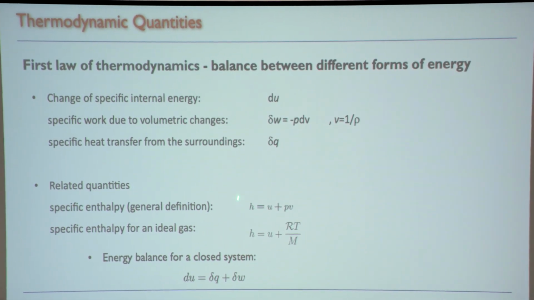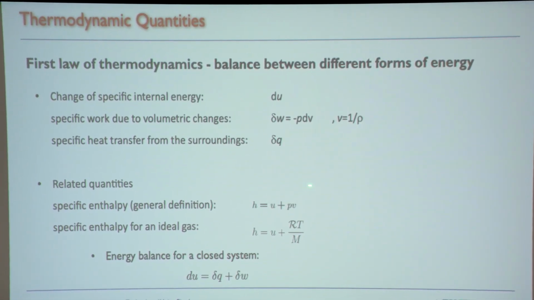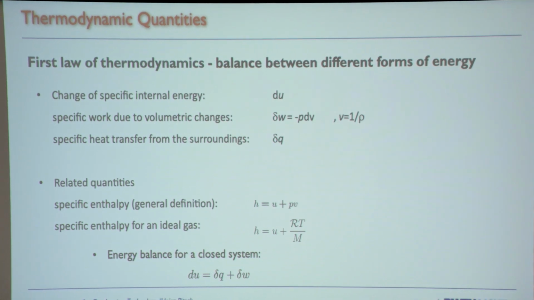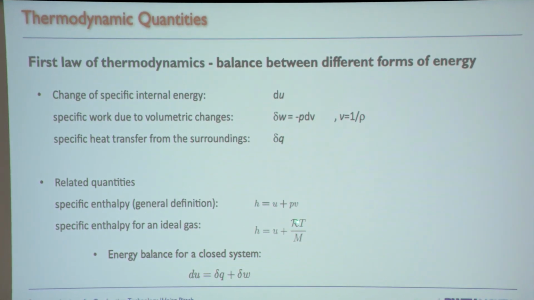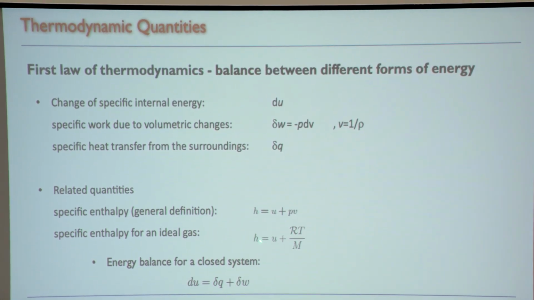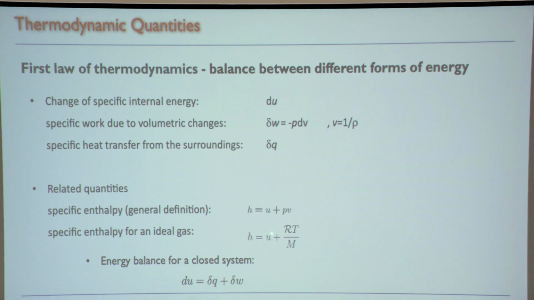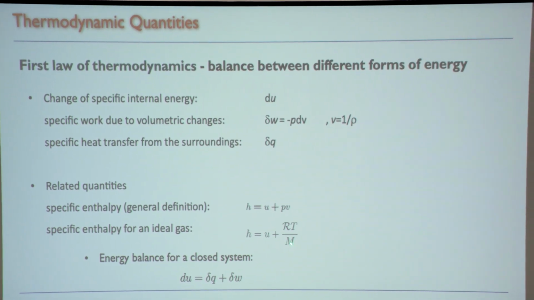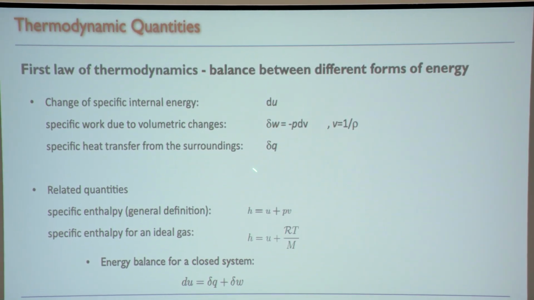So that's internal energy. We define the enthalpy as U plus PV. You know this. Now for an ideal gas, we always assume ideal gas here, PV is equal to RT. If I introduce this, you see that the enthalpy is U plus RT divided by the molecular weight. And for an ideal gas, the internal energy only depends on temperature.